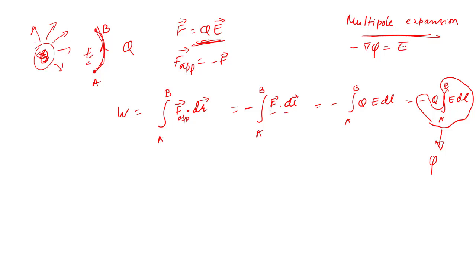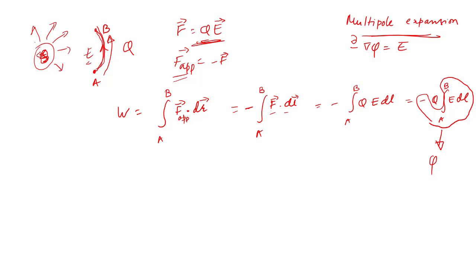We looked at the negative sign when we were trying to define the potential in some lectures back, and that negative sign appears because we're looking at how much work is done by the applied force in taking the charge from A to B. We're not looking at the work done by the electric field.